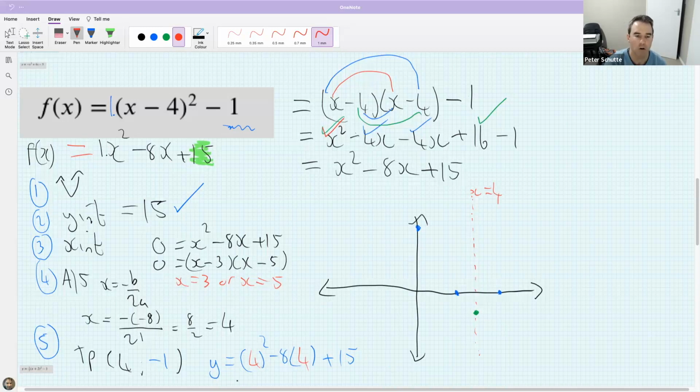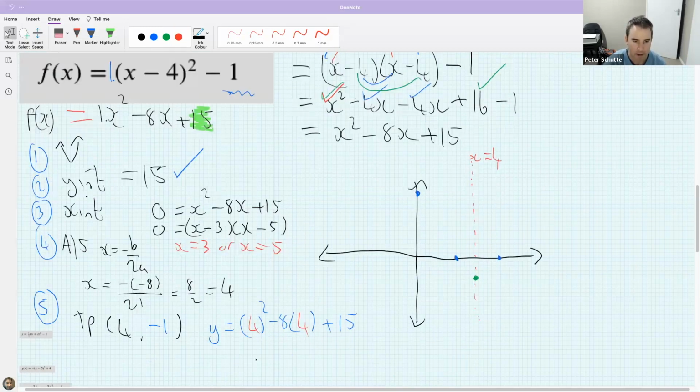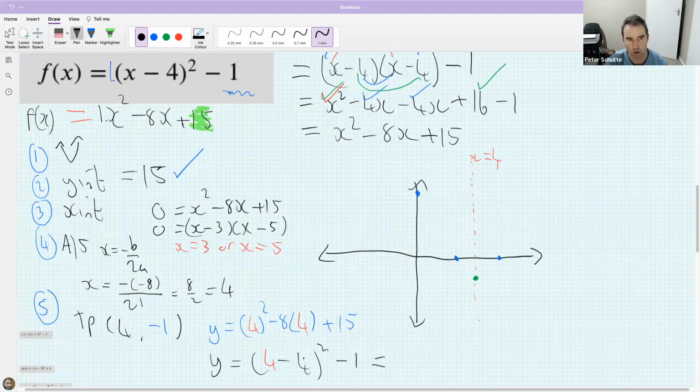Okay. There's 2 ways you can do it. The one way is to put it into the original, and then the other way is to put it into the standard form one. They should both give you the same answer. So on the bottom here, can you see when it's red, there's a 4. If you go 4 minus 4, do you agree that you get 0? Okay, maybe I've lost you there.